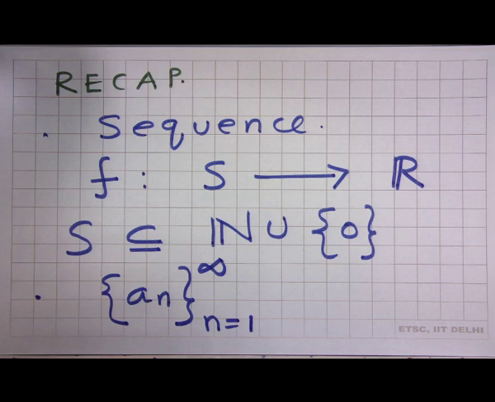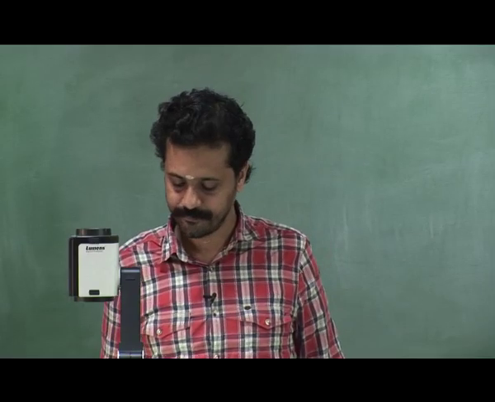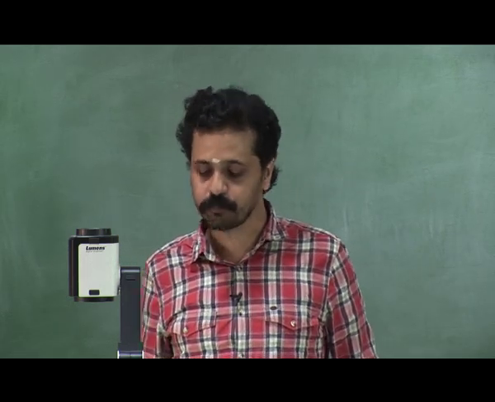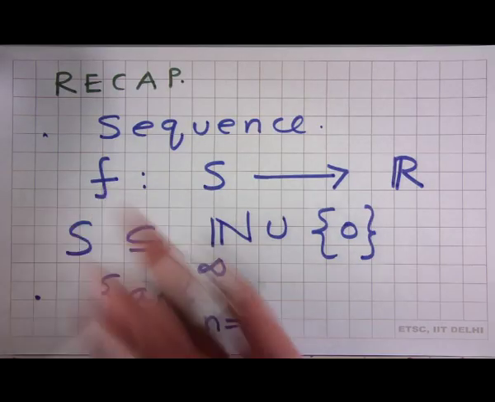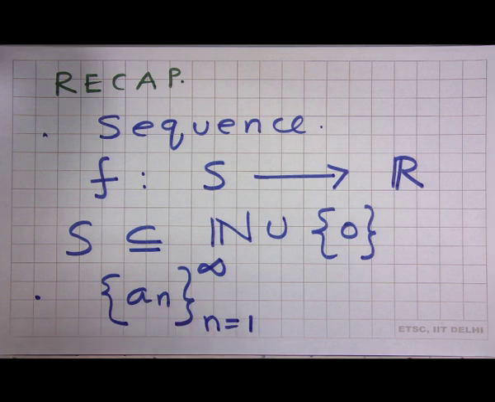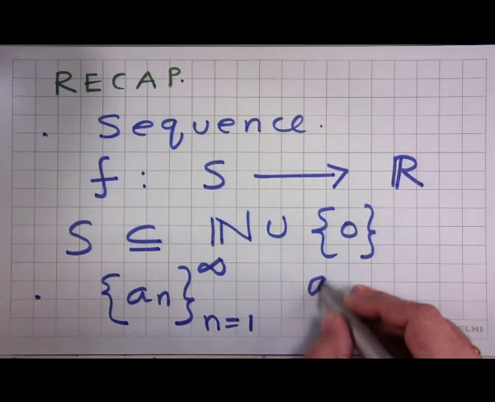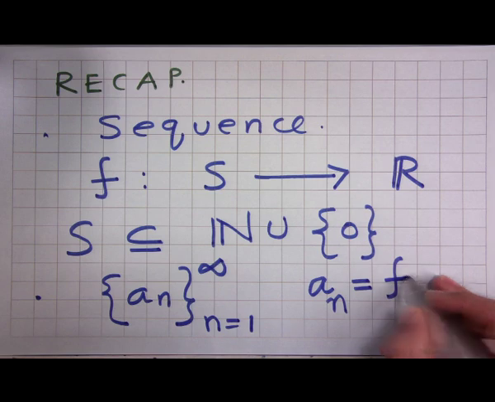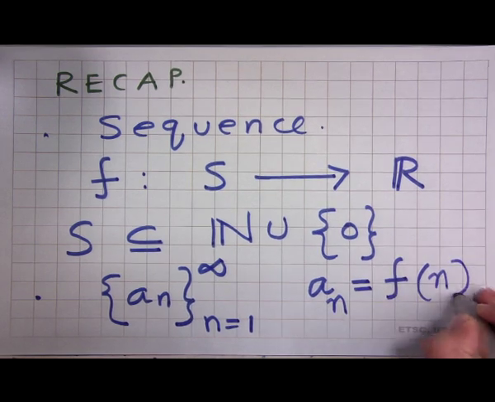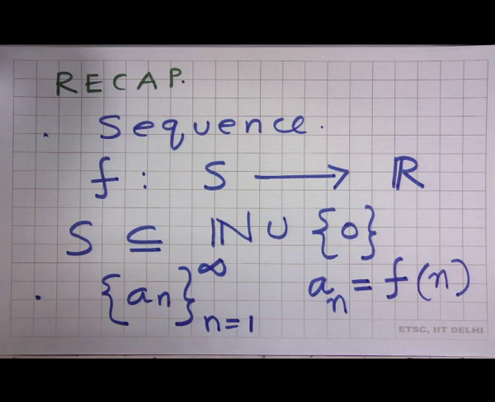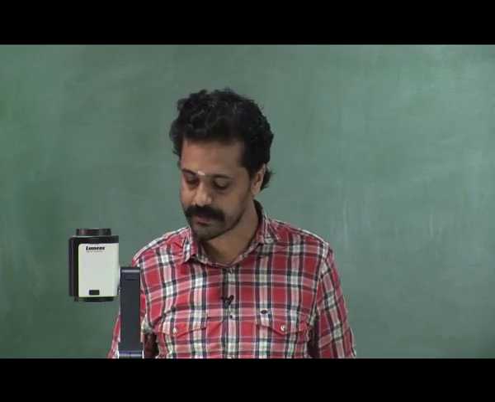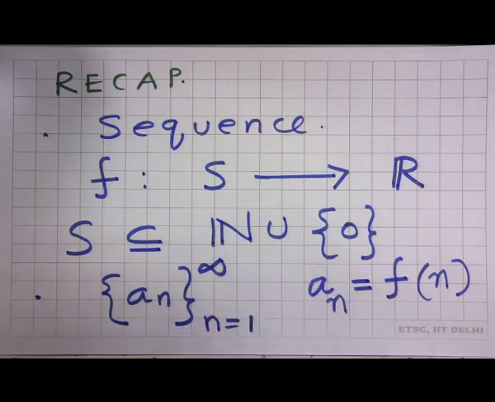The a_n are called terms of the sequence, and the nth term a_n can be viewed as the output of the function f evaluated at n. That is, a_n is actually f evaluated at n, where f is the underlying function associated with the sequence a_n, n is equal to 1 to infinity.